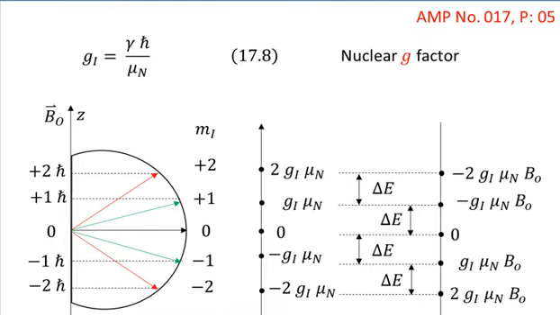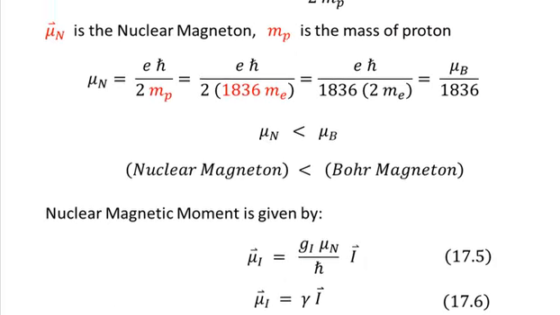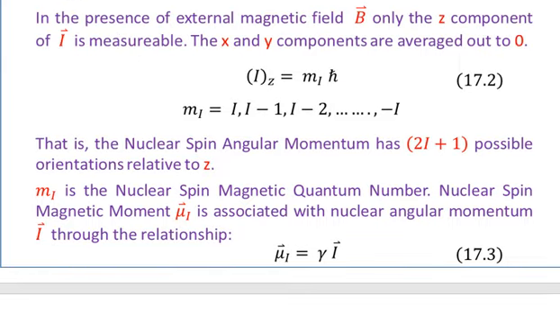Now you see that, as described in one of the previous paragraphs, this I, that is the spin angular momentum of the nucleus, has 2I plus 1 possible orientations in the presence of the external magnetic field.